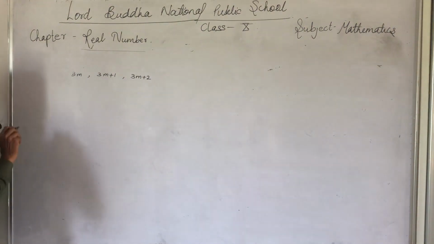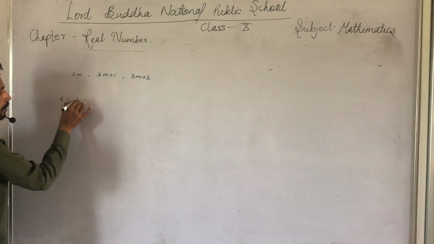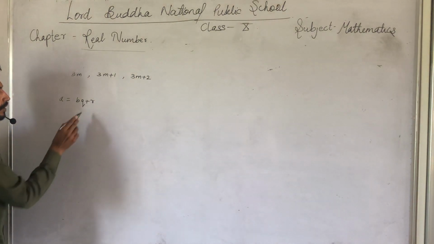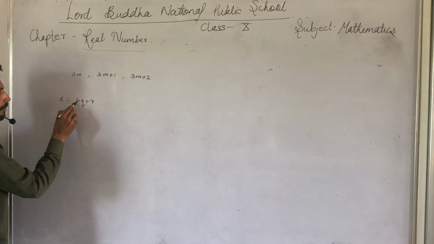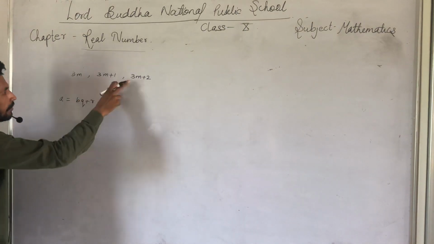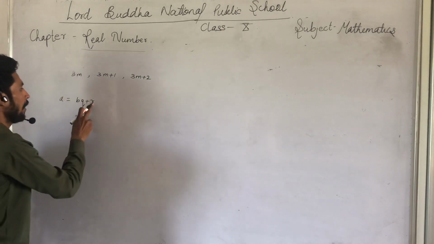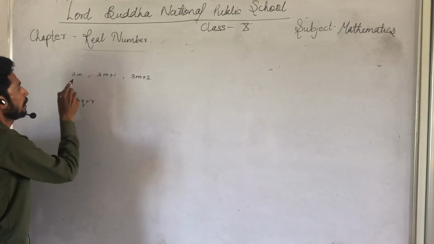So, according to Euclid's division algorithm, A equals BQ plus R. Here, R is the remainder, Q is the quotient, B is the divisor, A is the dividend. According to this situation, we can write here. But what is the value of R and what is the value of B?